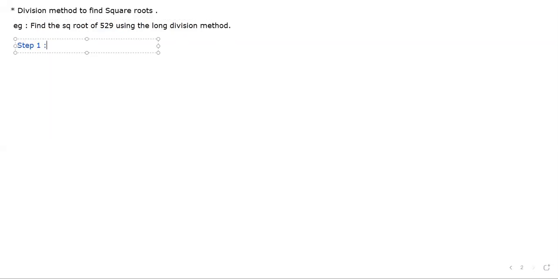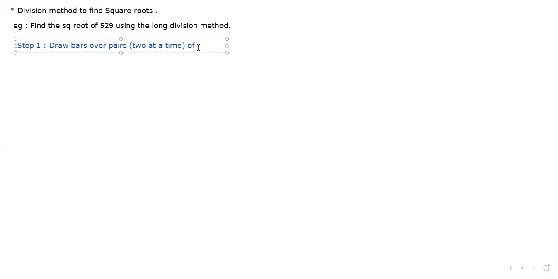Step 1. What is step 1 always in this long division method? Draw bars over pairs. Pair means what, children? Two at a time.